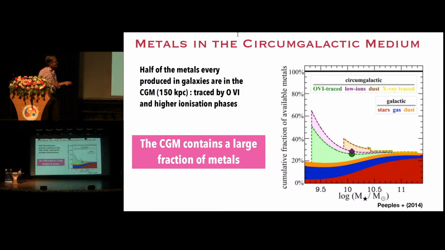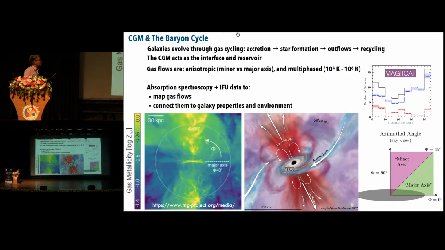At the low mass galaxy end, most of the metals produced by stars in the history of that galaxy are not to be found inside the galaxy, but are deposited in the circumgalactic space. So if you do not observe the circumgalactic space, then you are missing out on a lot of these metals, and these metals are part of different processes.